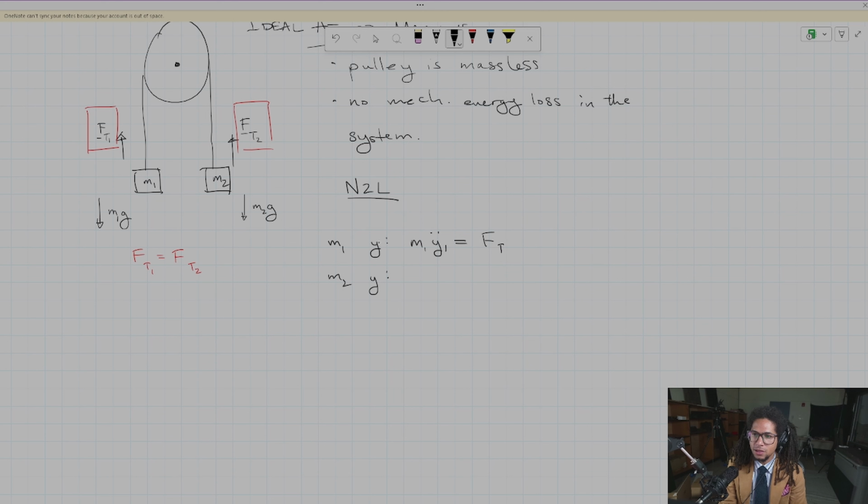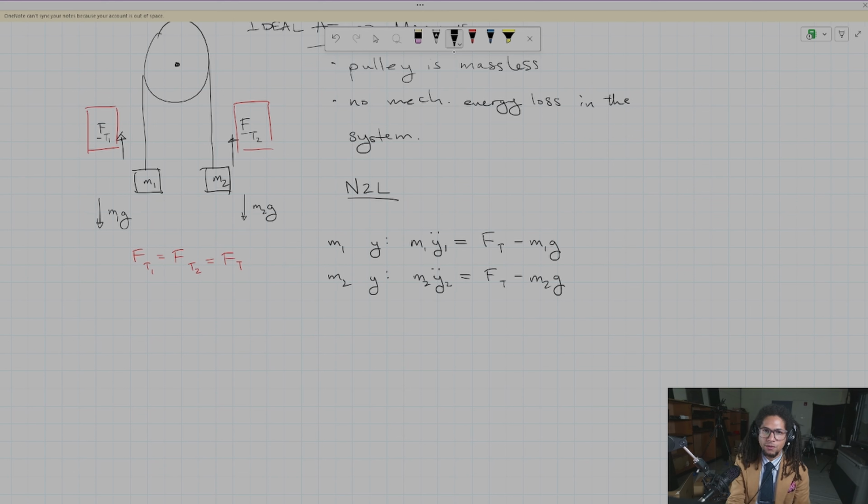F sub t, let me just call it F sub t for both of them, minus m1g. Similarly, m2 y2 double dot is equal to Ft minus m2g.